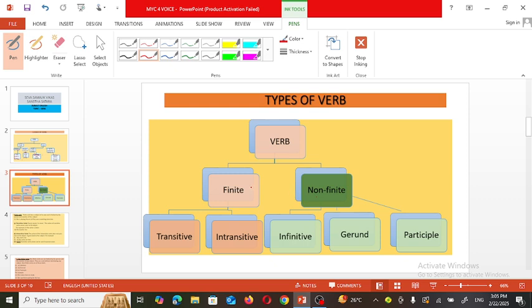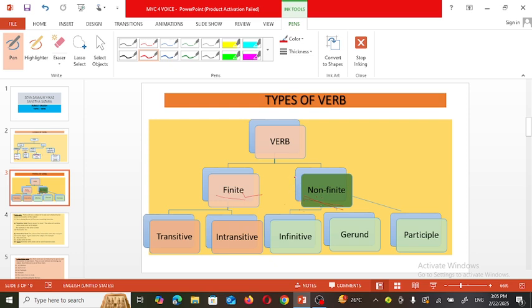What do you mean by finite verb? It means the verb which has a subject of its own, or the verb which is limited by the person or the number of the subject, then it is called a finite verb. Non-finite means exactly the opposite, where the verb is not limited by person or the number of the subject.